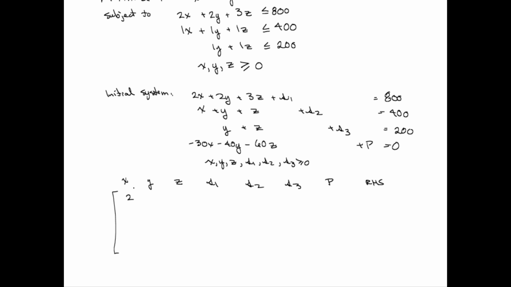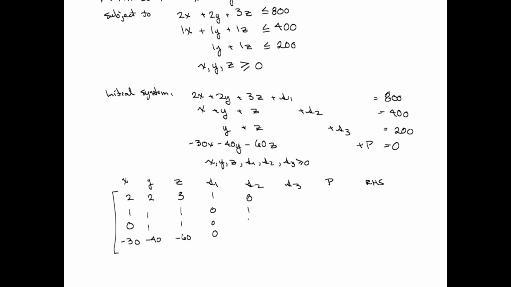So for my x's, I'll have 2, 1, 0x in that third constraint, and then negative 30. For my y's, I have 2, 1, 1, negative 40. For my z's, 3, 1, 1, negative 60. S1, 1, 0, 0, 0.